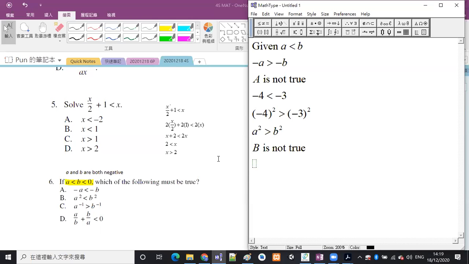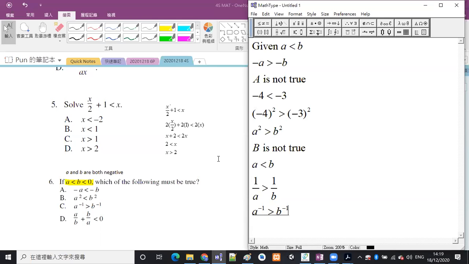Get this? And then how about C? A to the power negative 1, that is 1 over A, and 1 over B. We know that if A is less than B, then when we take the reciprocal on both sides of the inequality, we have to reverse the inequality sign, which means that A to the power negative 1 is really larger than B to the power negative 1.